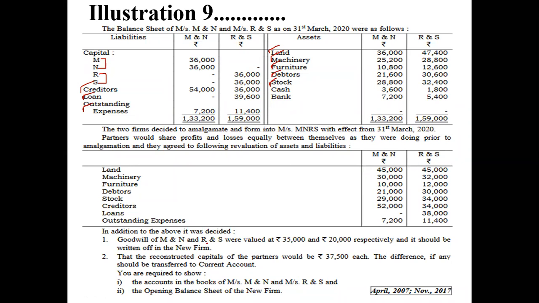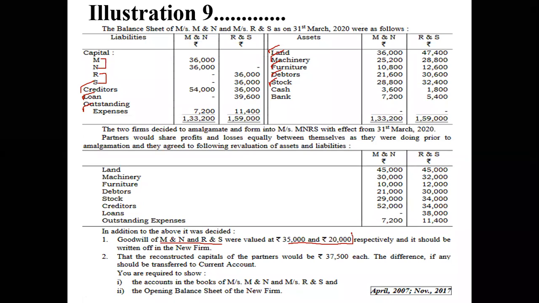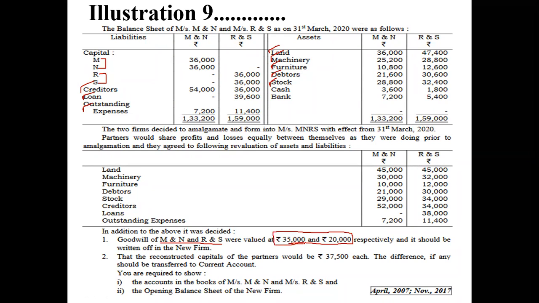In addition to the above, it was decided that goodwill of M and N and R and S were valued at rupees 35,000 and 20,000 respectively. This particular point we always take while calculating purchase consideration, and it should be written off in the new firm. Now this is an important point.